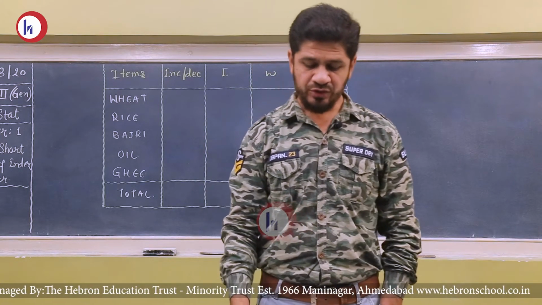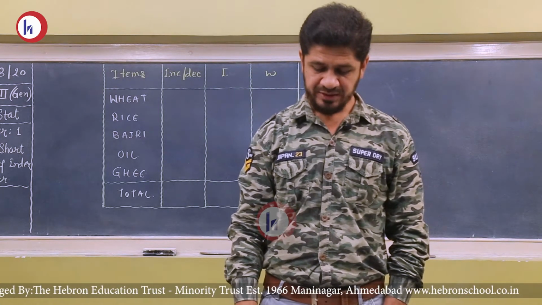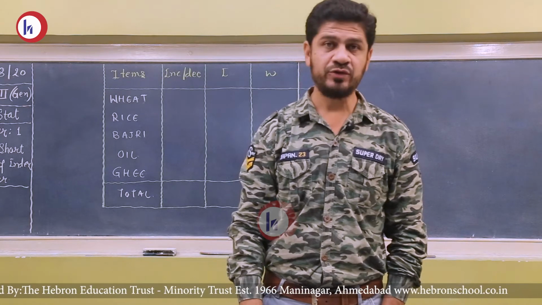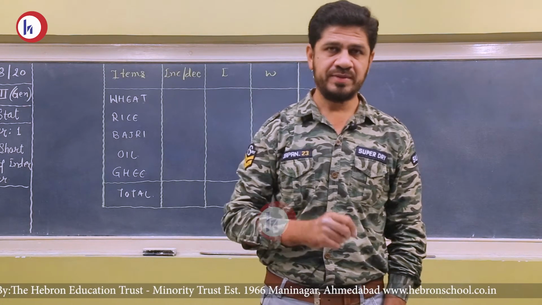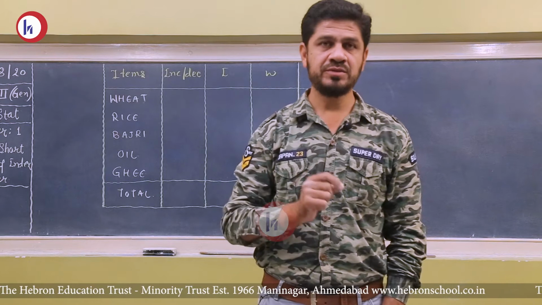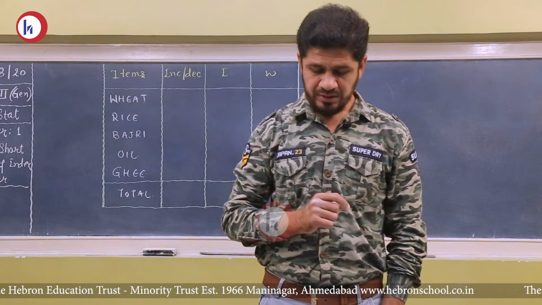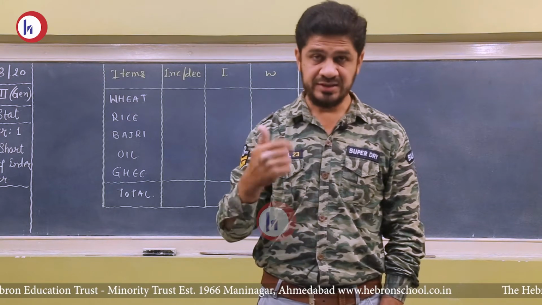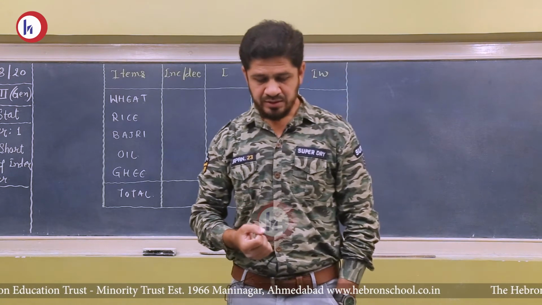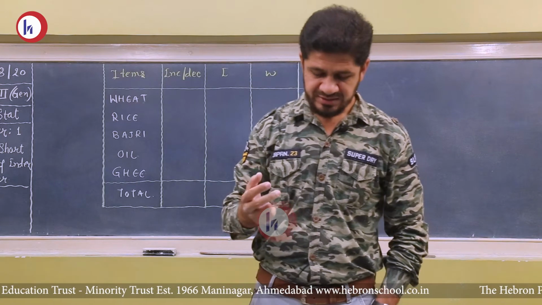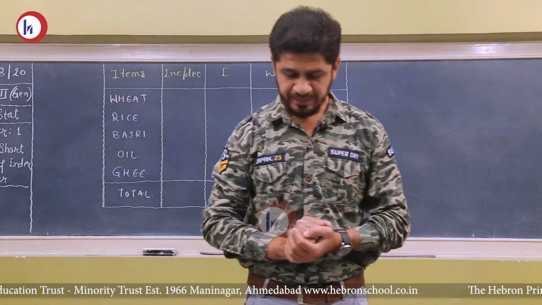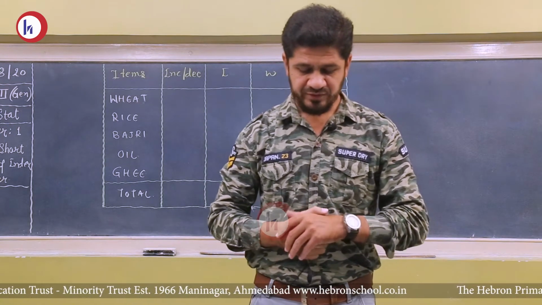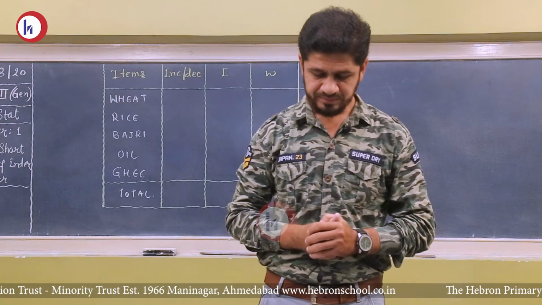The price of wheat increased by 70% and the price of rice increased by 40%. If you have a pencil, just note down the number of items. The price of wheat, so wheat is the first item, increased by 70%, and the second item is rice, increased by 40% in the year 2015 with respect to the year 2010.